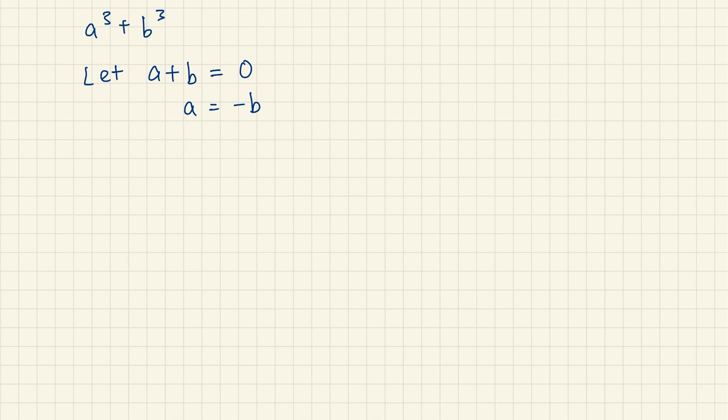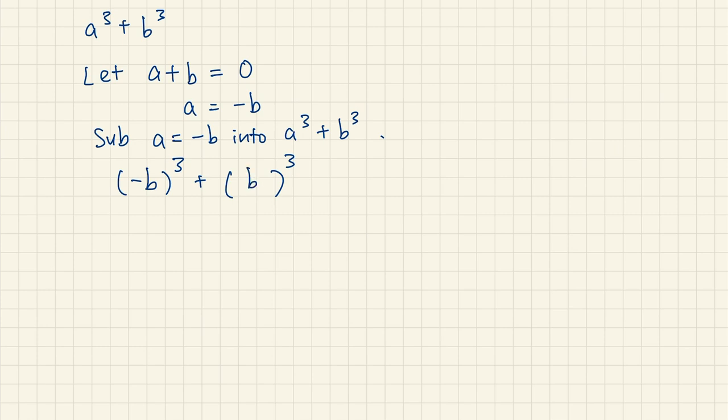So I have a plus b equals 0, and a equals negative b. Next I'm going to substitute a equals negative b back into a³ plus b³. What that gives me is negative b, whole thing cubed, plus b cubed.